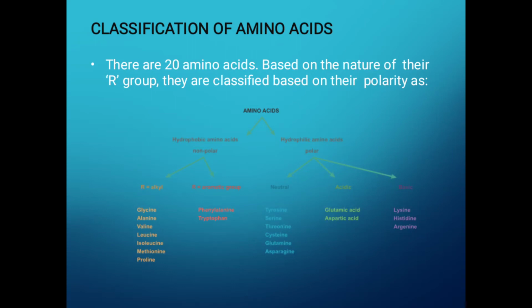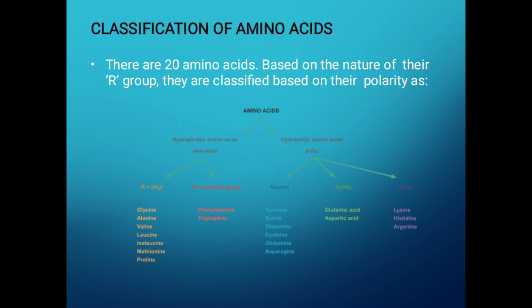Classification of amino acids. There are 20 amino acids based on the nature of the R group. They are classified based on their polarities. So amino acids are classified into hydrophobic amino acids and hydrophilic amino acids. Here it is subclassified into polar and non-polar.